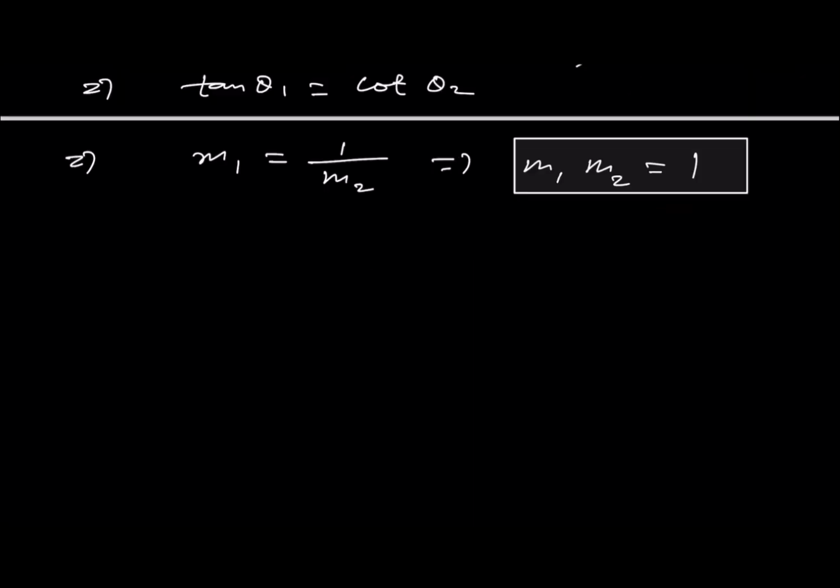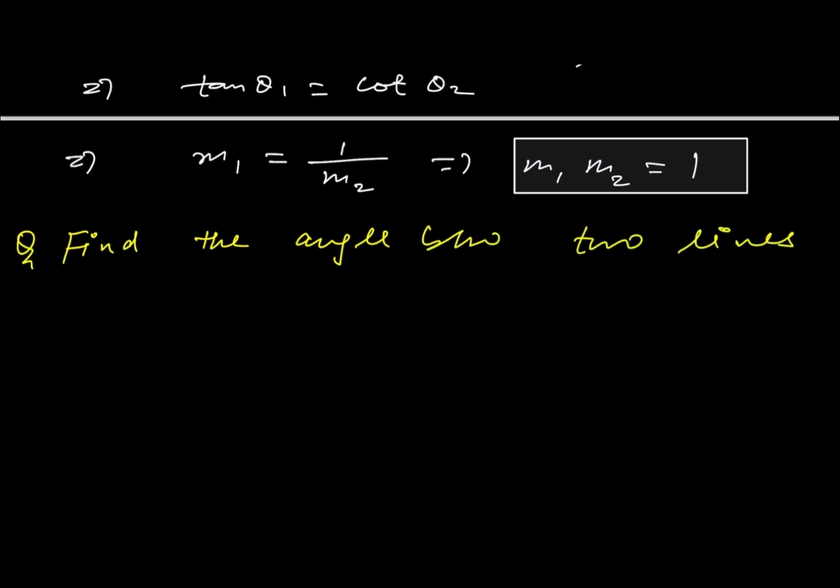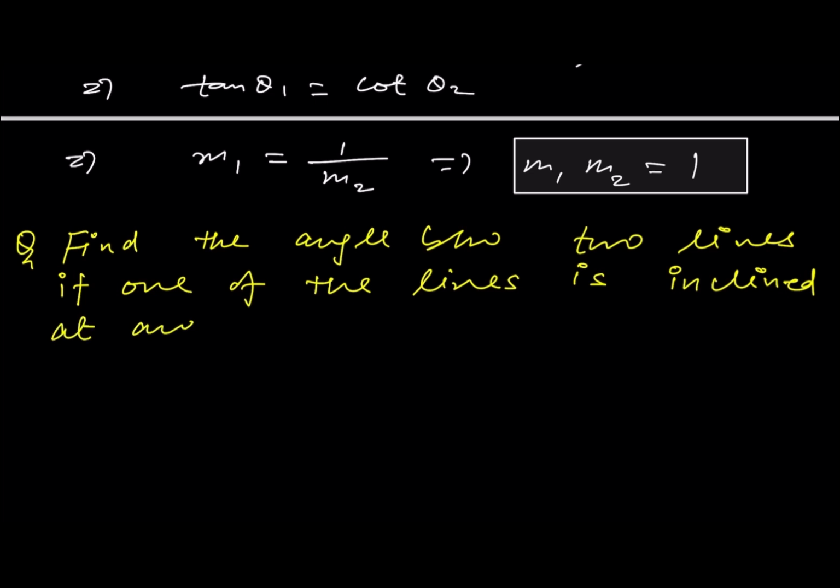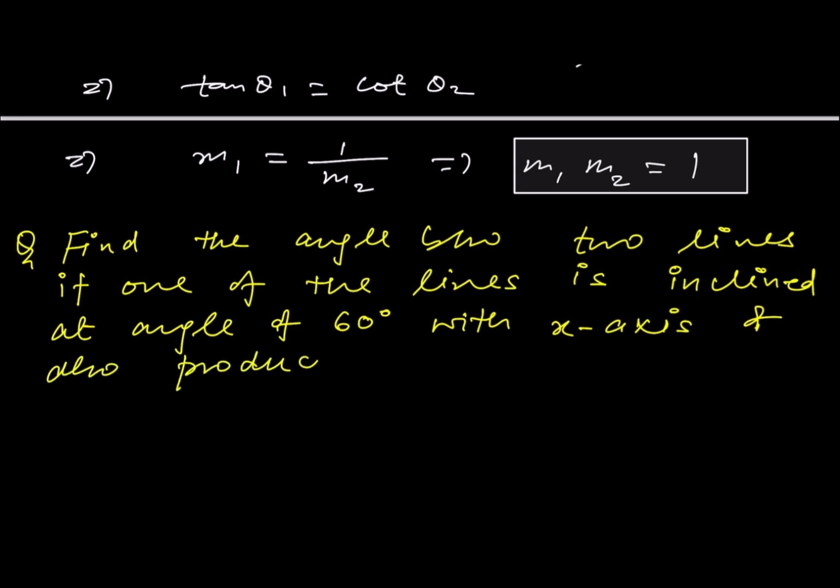For example, find the angle between two lines if one of the lines is inclined at an angle of 60 degrees with the x-axis, and also the product of their slopes is 1, right?